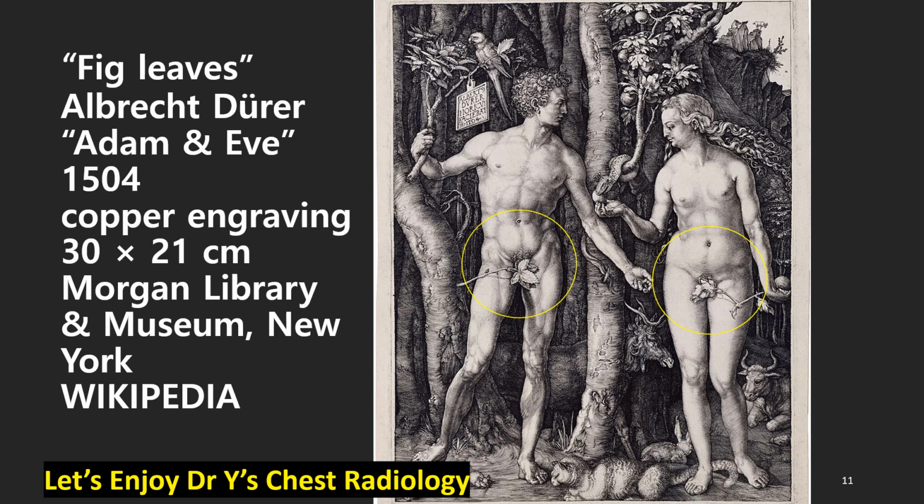In their hand there is an apple, and there is another creature, a bad creature, a snake, a serpent, on the branch of the tree. Because they ate the apple they realized how shameful it was, because they are naked, so they draped and covered their important body parts with leaves. They are fig leaves.